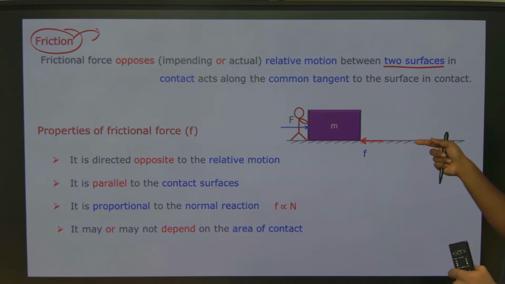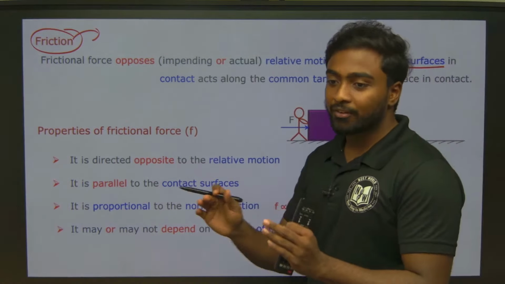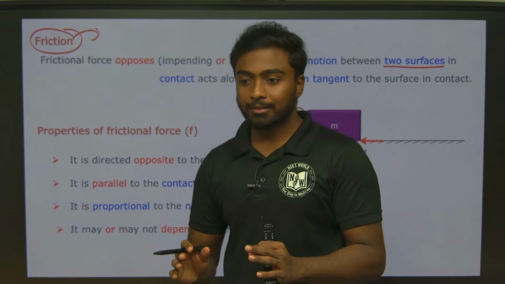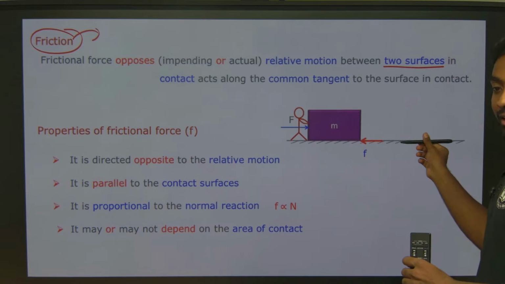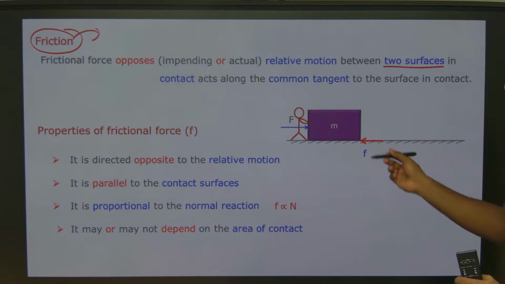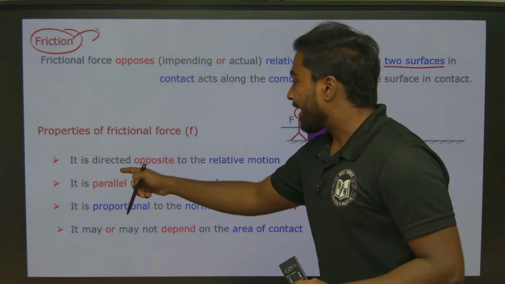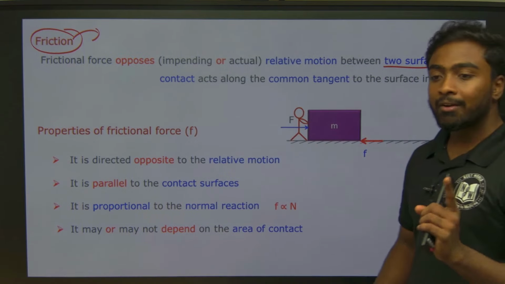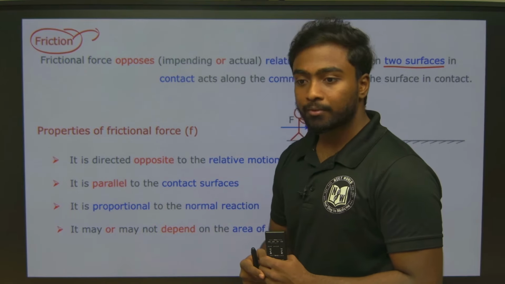When the surface is smooth, there is no friction; when the surface is rough, friction takes place. Now the properties of frictional force. First point, it is directed opposite to the relative motion. Whenever I apply a force, it is opposite to the applied force.